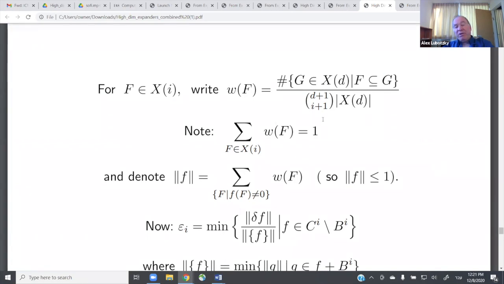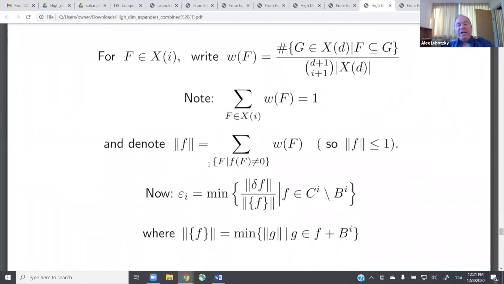Anyway, the normalization factor tells you that this is like a probability distribution, namely, if you look at the sum of all cells of dimension i, the sum of their weights is equal to 1. So we have, if you want, W is a probability distribution on these cells. And now we define the norm of a cochain.